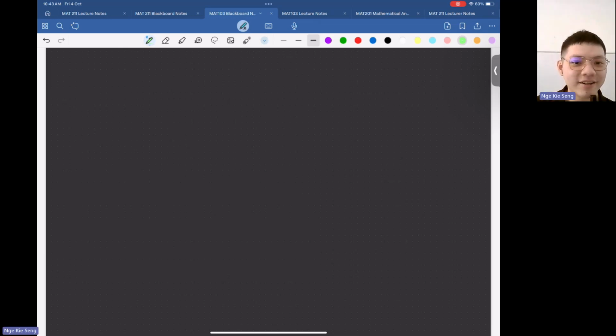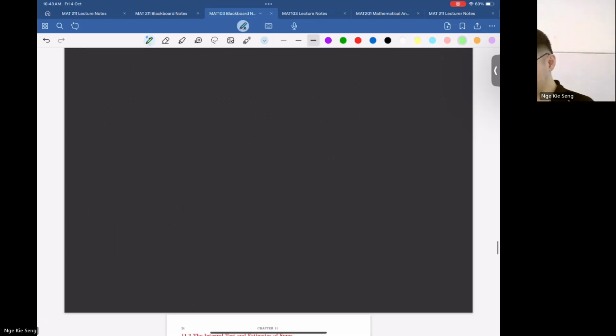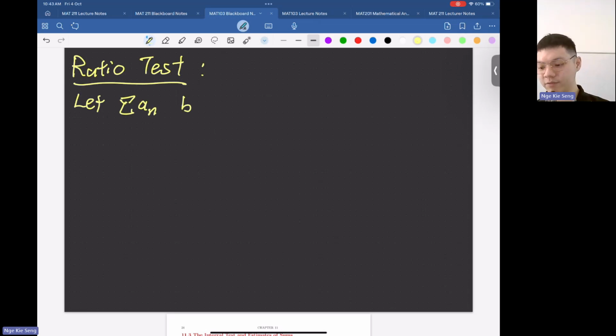Okay, so let's look at this ratio test. So why is the ratio test versatile? Because we don't need to go and compare other series. We just look at the series we want to study. We just start with a series of non-zero terms here.